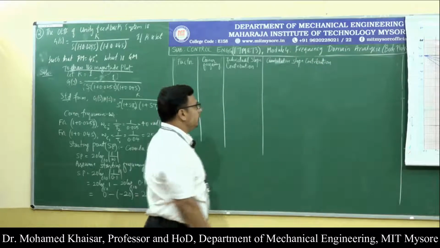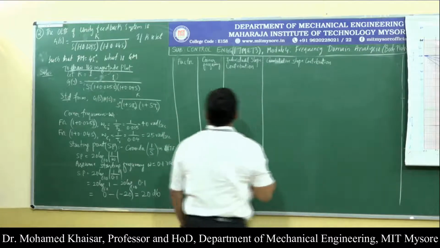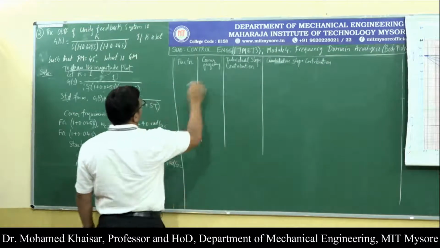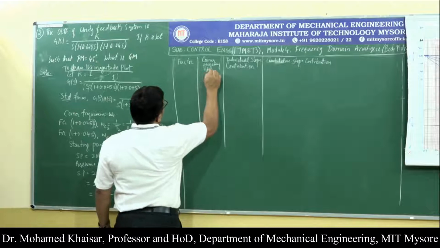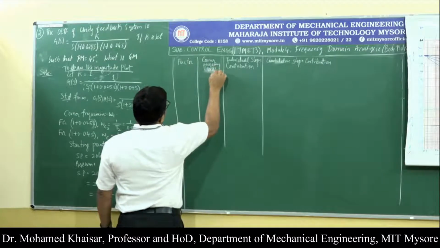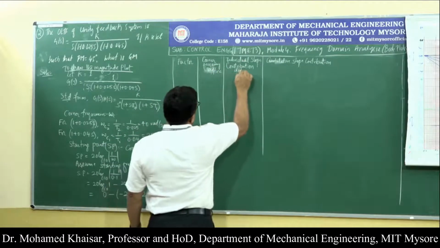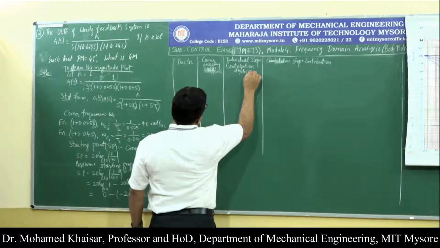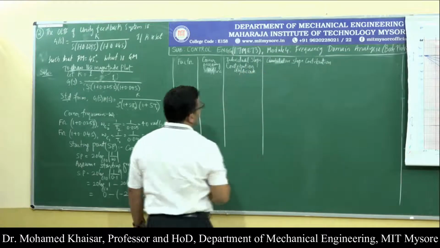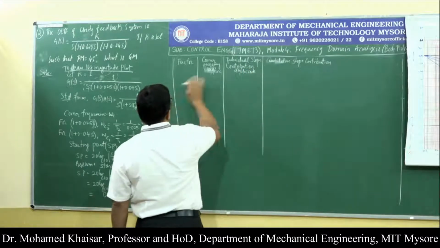The corner frequency will be in terms of radians per second, and the slopes will be in terms of decibels per decade.